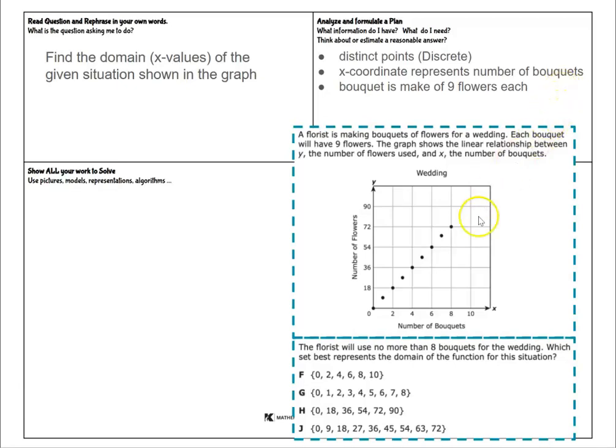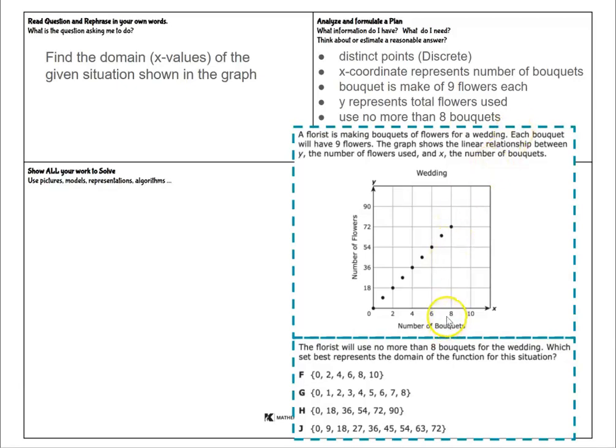I know that a bouquet is made of 9 flowers each. Okay, so that's the part that I understand now. 2 times 9 is 18, and then 4 times 9 is 36. So each of these bouquets represents one bouquet made of 9 flowers, and on the left, the y value is the total number of flowers. Y represents the total flowers used, and I cannot use any more than 8 bouquets.